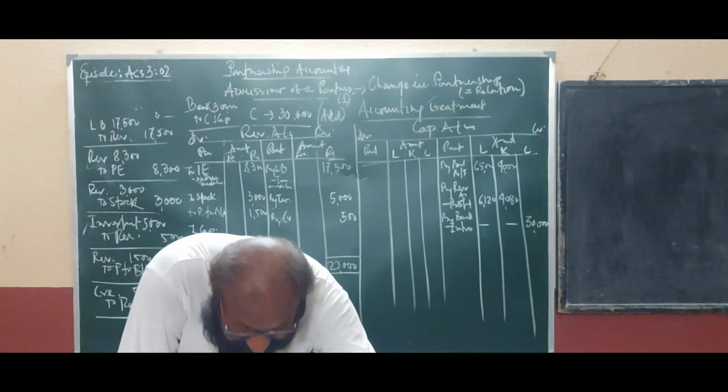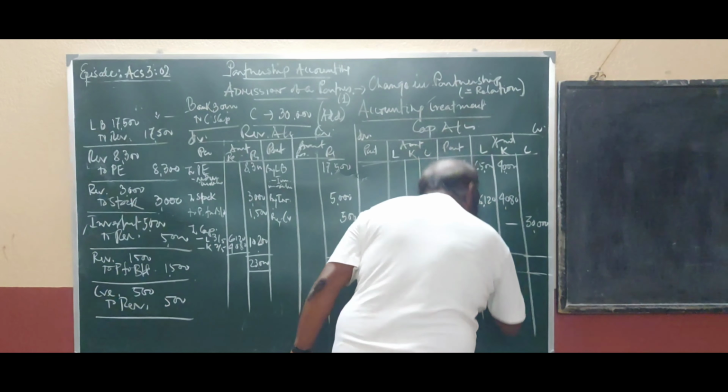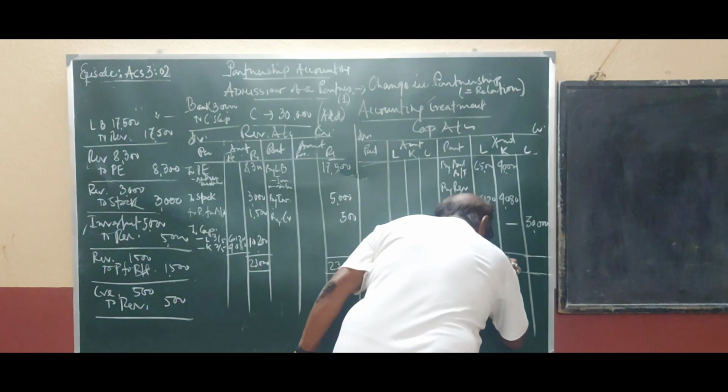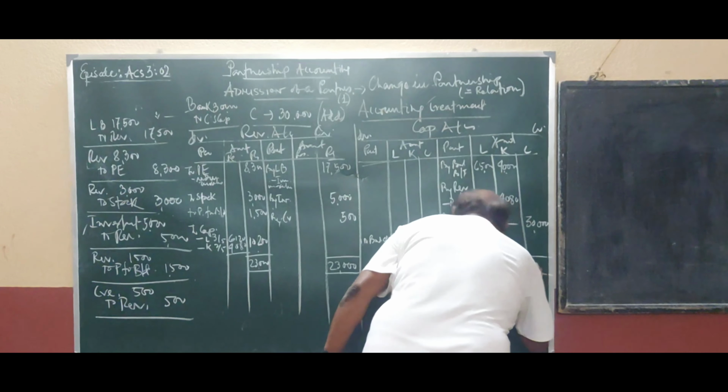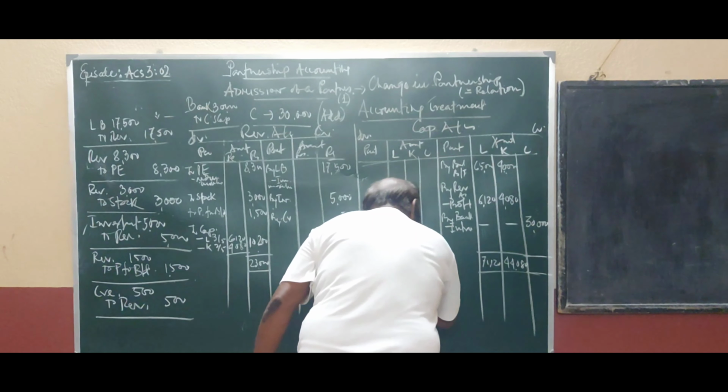Clear? Now this is the status of the capital account, and what would be the balance of the capital account? Just you make it, okay? Make the balance. देखो इधर कुछ नहीं है तो it is 71,120. So the balance is 71,120. इसको कितना क्या होगा? 44,080.